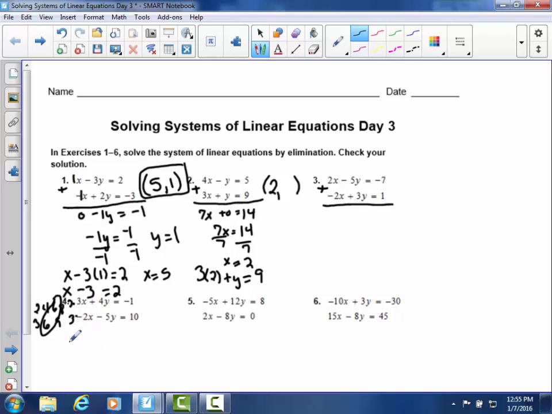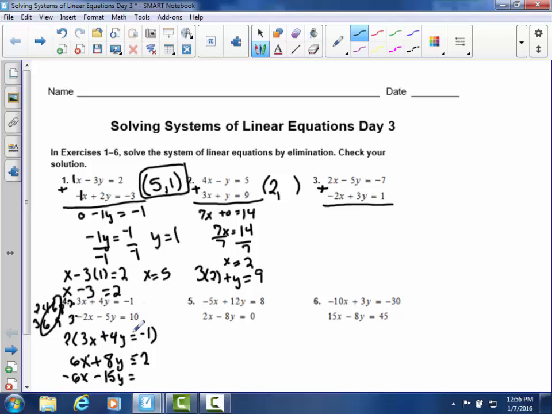Okay. So I take my first equation and multiply the whole thing times 2. And I get 6x plus 8y equals -2. Then I multiply the second equation by 3, and I'm a little out of space, so I'm not going to write it out like that. So 3 times -2x is -6x. 3 times -5 is -15.